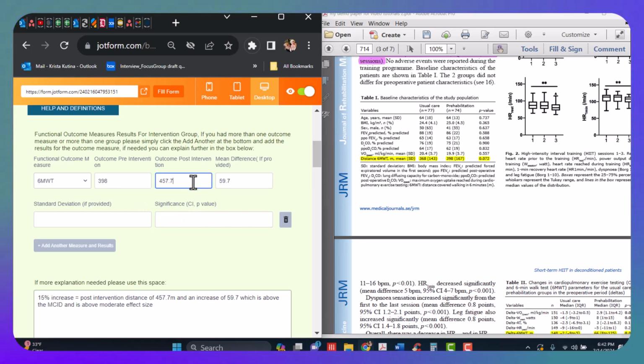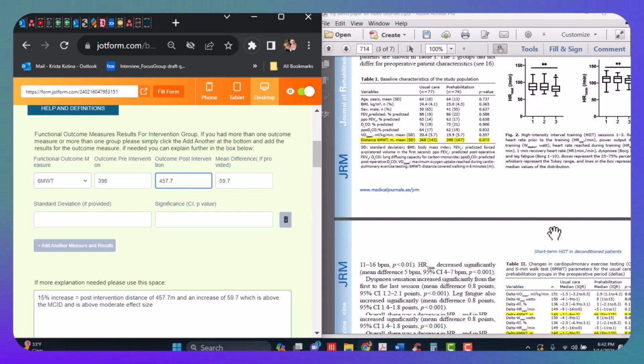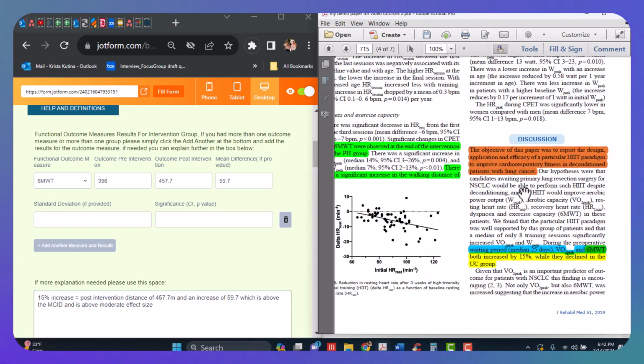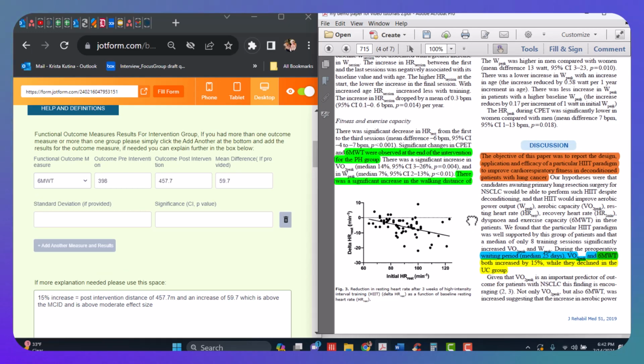The outcome post-intervention, they don't just automatically tell you, this is it and this is a mean. They don't give a mean distance. They give a median in their results reporting, but they don't give a mean. But they do report down here that it increased by 15% in the intervention group. And they said it went down in the usual care group, but they don't say what percentage the mean decreased.